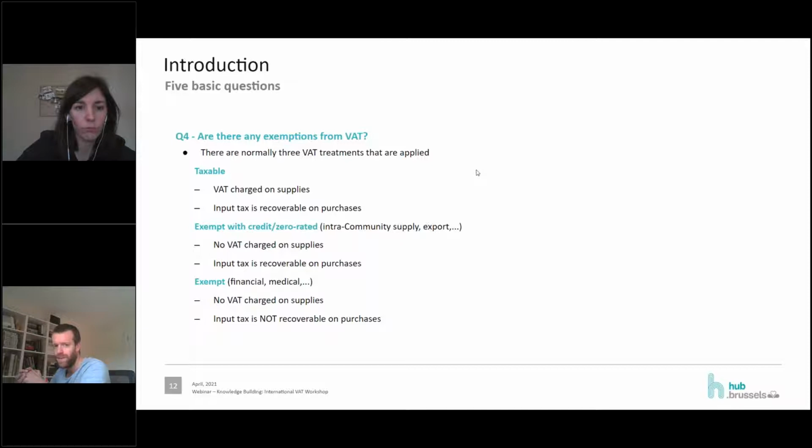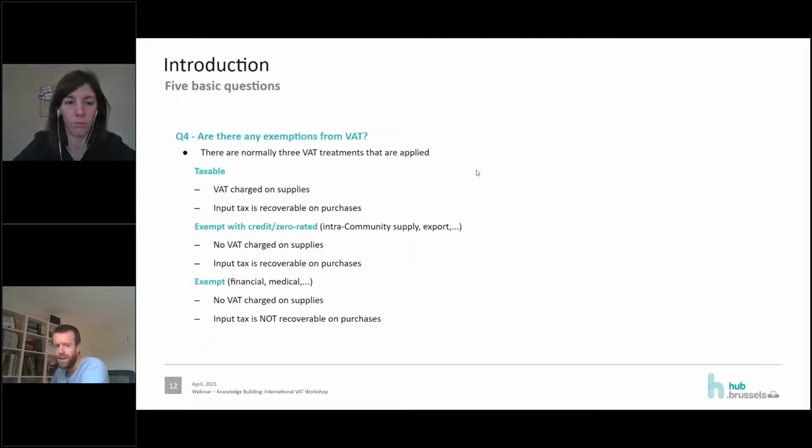So when we say exempt with credit 0 rated, it doesn't mean that no VAT will be applicable on the transaction. It's just rules to determine who is going to have to pay the VAT. That is a bit different. And then we have the last one, which is really exempt. So there, it's for specific transactions, such as transactions that relate to the financial sector or the medical sector.